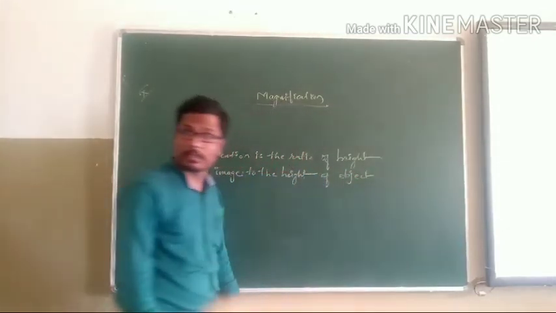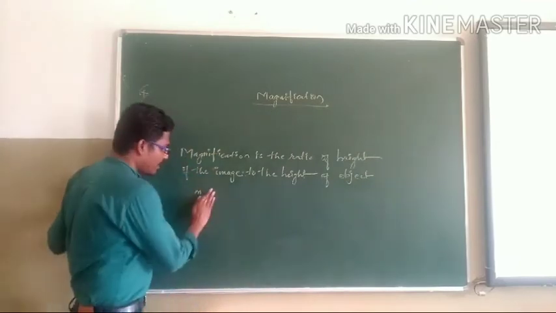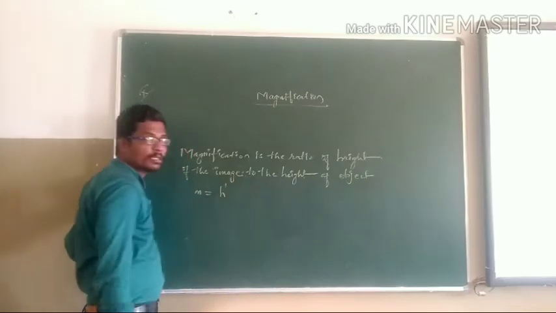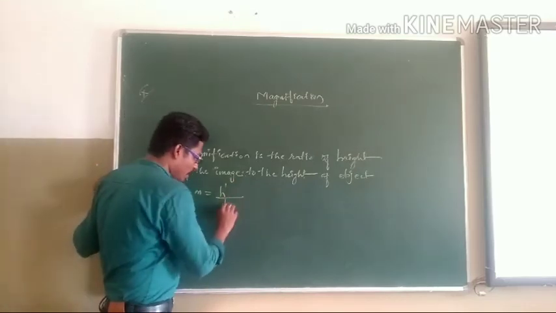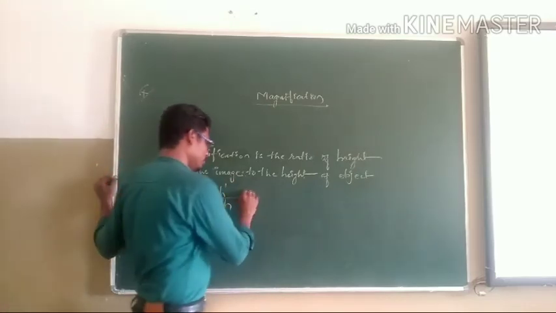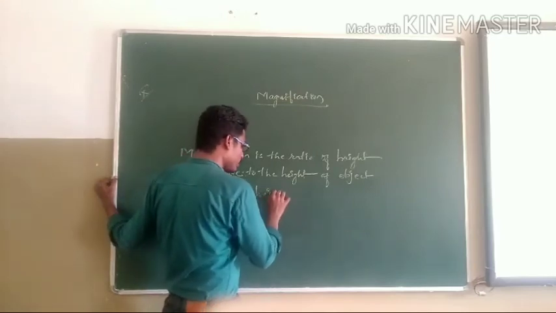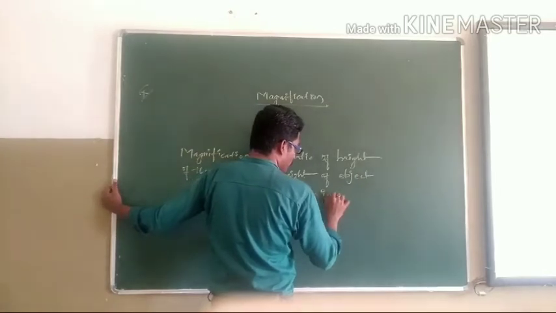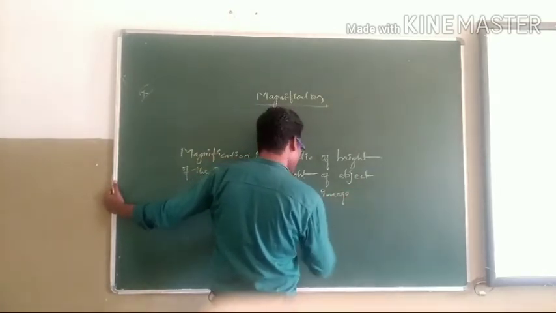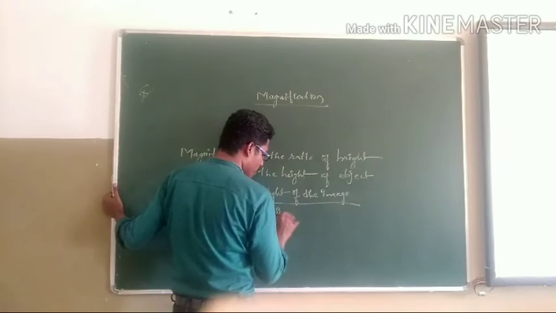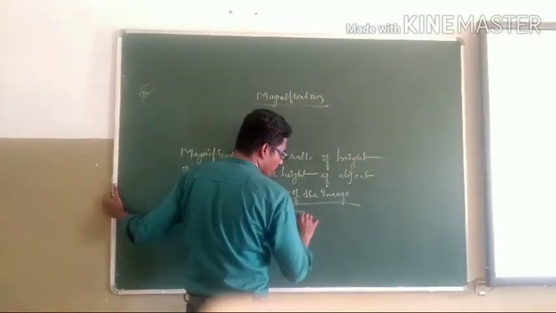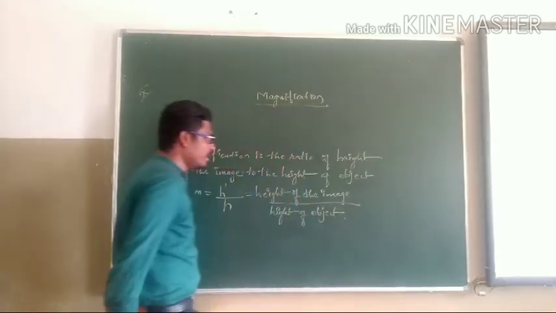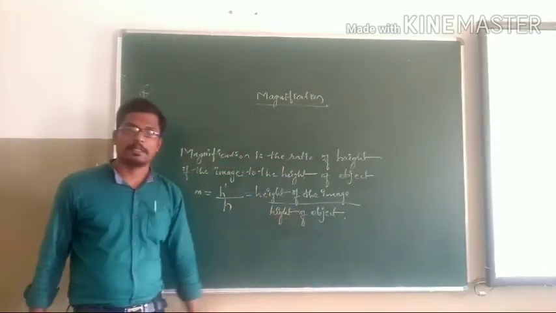I beg pardon, sorry. Now, by the definition, how can we write it? h dash, height of the image, over h, height of the object.